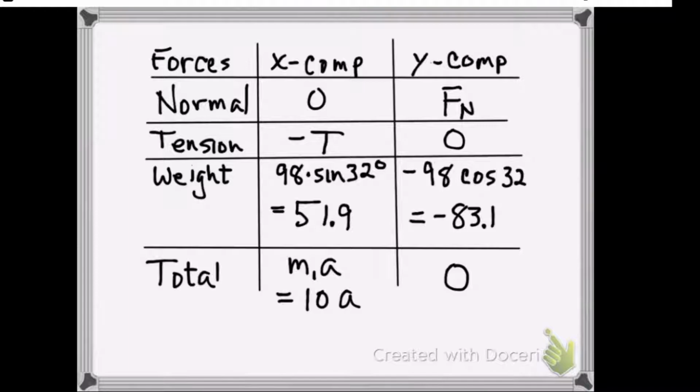In the x direction, if we look at our values, we have negative T, we've got positive 51.9, and those are going to be equal to, this last line should be thought of as an equal sign, the total. So we're going to have negative T plus 51.9 equals 10A.